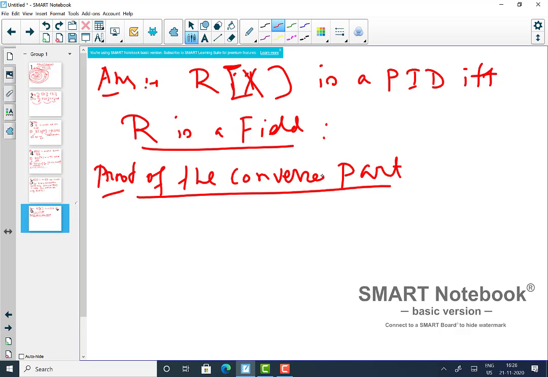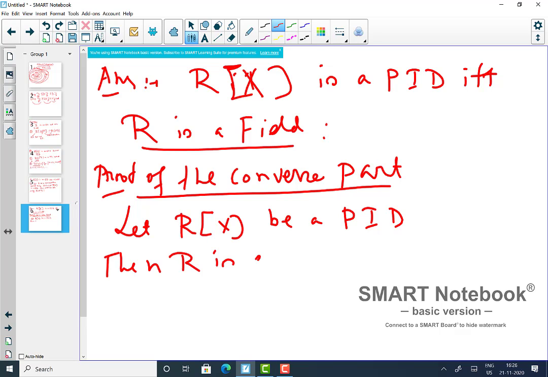Okay, so let R[x] be a PID. What does that mean? That means R[x] is also an integral domain. Then R is an integral domain, right? You can prove that a subring of an integral domain is an integral domain.